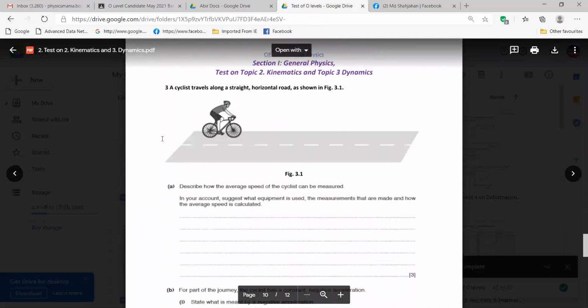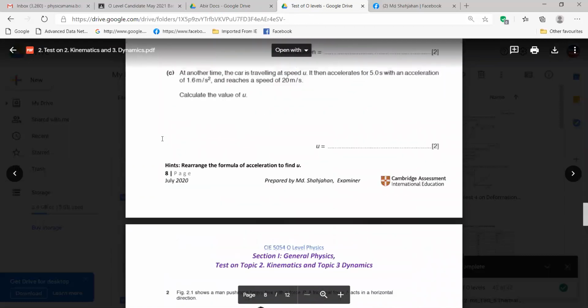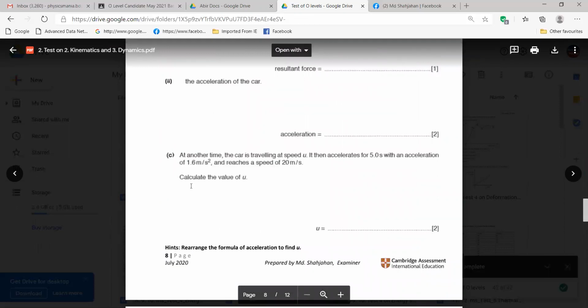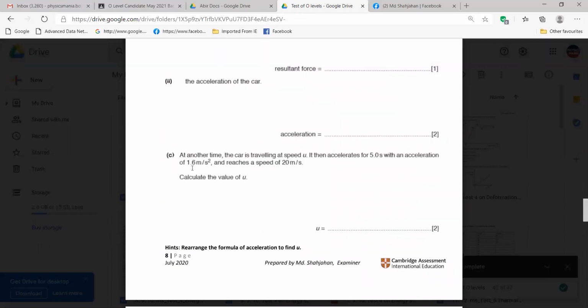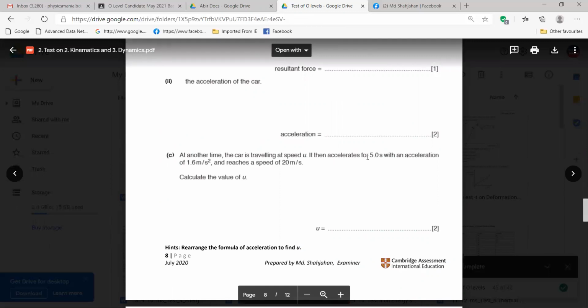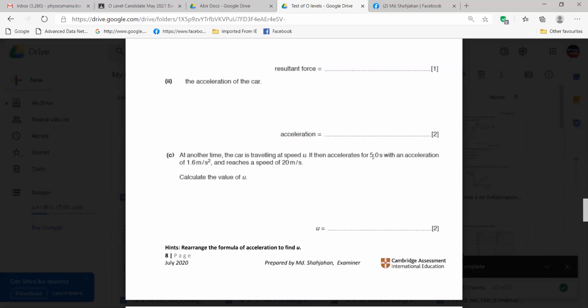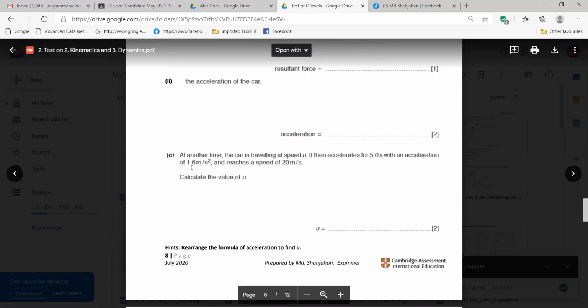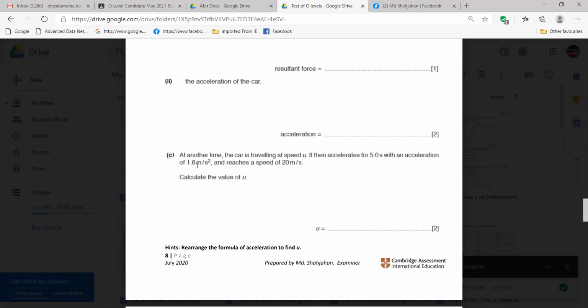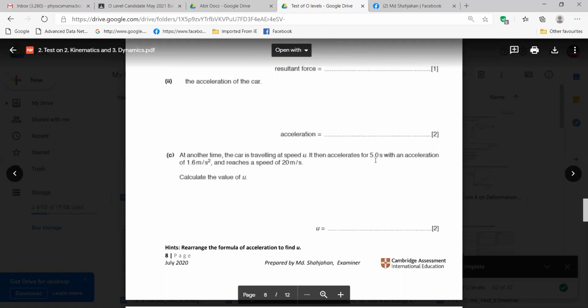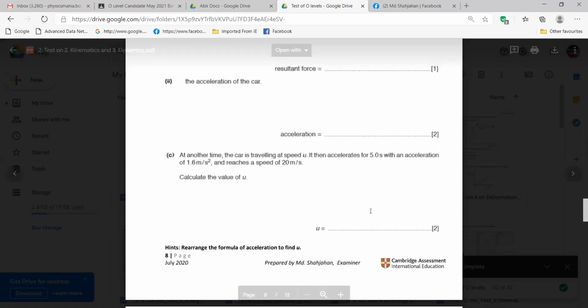According to the question, the acceleration is given 1.6 and the time is given 5. So instead of 5, you wrote 15. Instead of 1.6, you wrote 16. If we write 1.6 and 5, then the answer is coming 12.